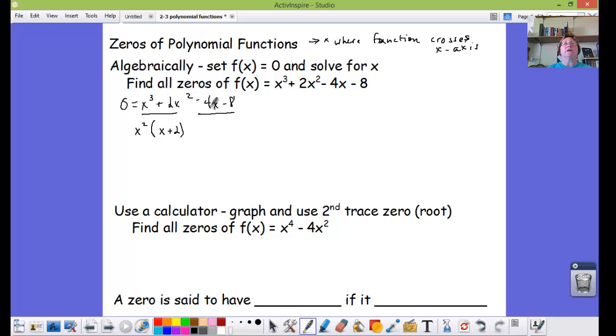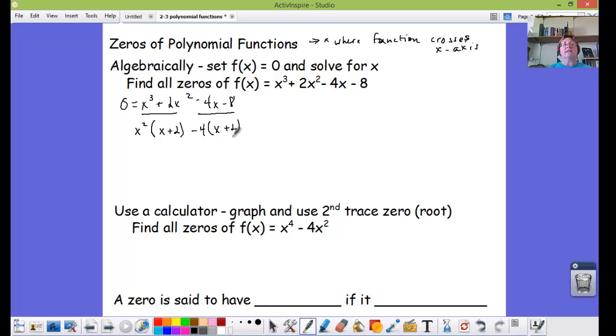So there's that part. Now I want to have you take a look at this. Greatest common factor for the rest of this function is negative 4, I believe. Because if we divide here by negative 4, we get x. If we divide here by negative 4, we get plus 2. And you'll notice now that we have two factors that are exactly the same.